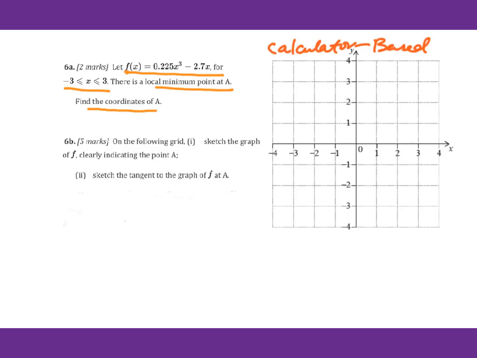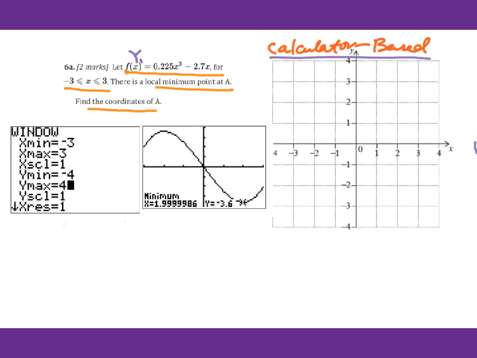Since this question is calculator-based, we will use a graphing calculator. So we put y1 equals this, and figure out the minimum point at A. When you set up the window, remember the given domain is from -3 to 3.